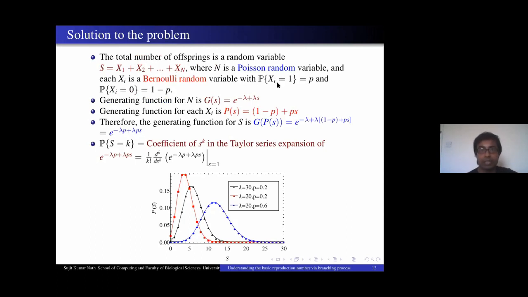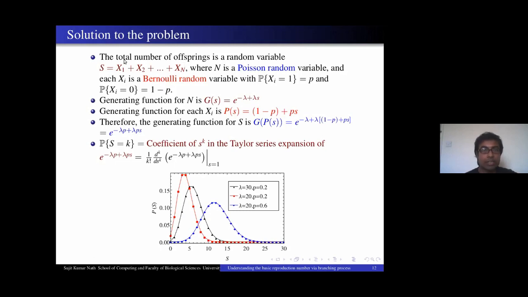When a single seed, say X1, grows as a new plant, we put 1. But when X2 fails, we put 0. And that has probability p and 1 minus p.